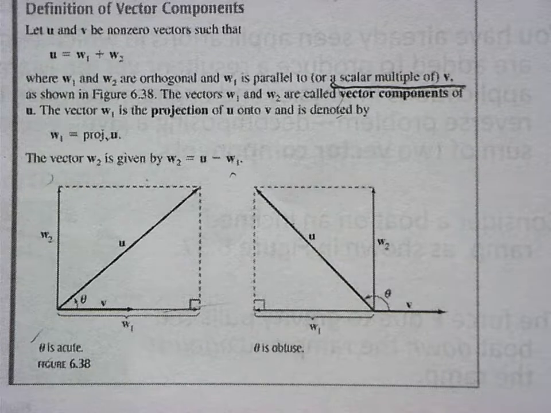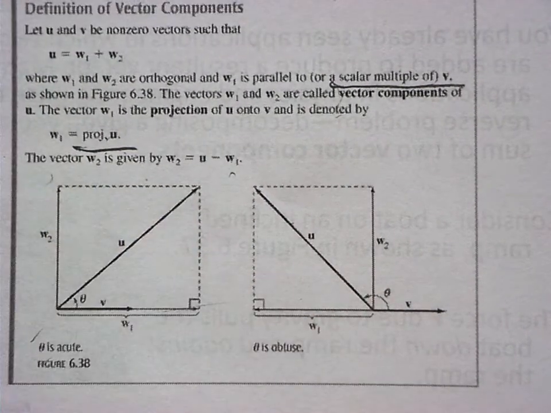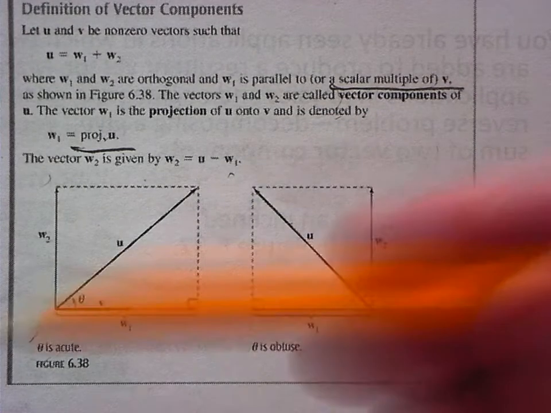So vectors W1 and W2 are what are called vector components of U. Because if you add them both up, you get U. Okay? W1 is also what's called a projection. And they'll use this notation for it. A projection of vector U onto vector V. What that actually means is, if I go to vector U here, I just had U. I want to figure out this W1.